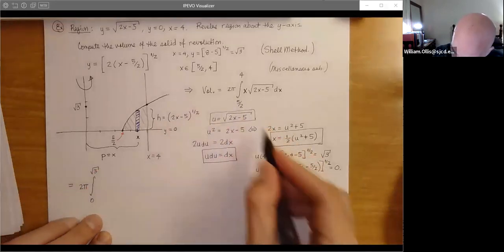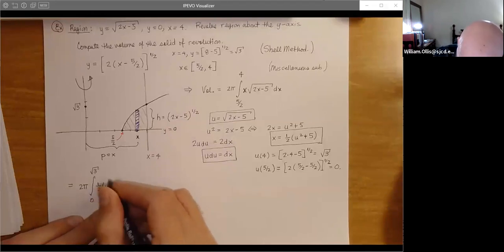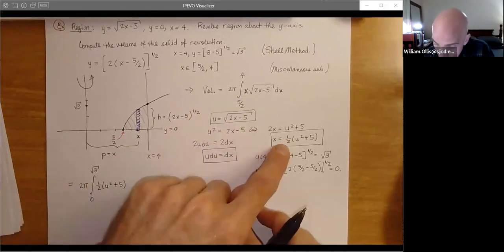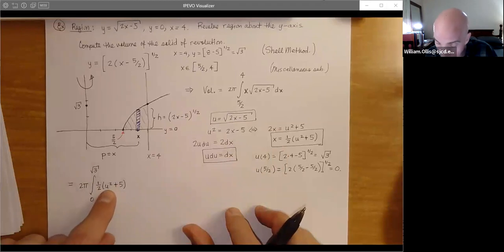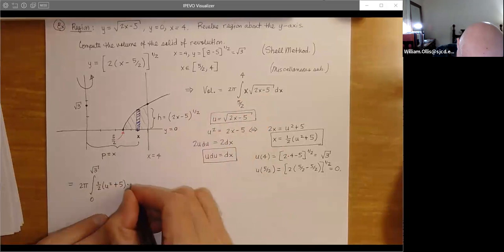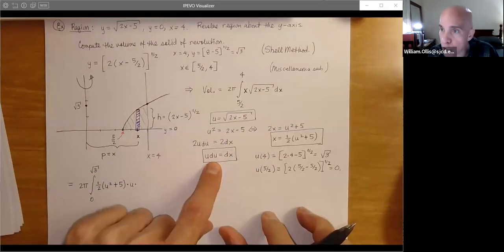And now we can change everything out. So we get 1/2 u squared plus 5. There's our x right here, 1/2 u squared plus 5. And then, of course, the radical is just u times u. And then dx is just u du.